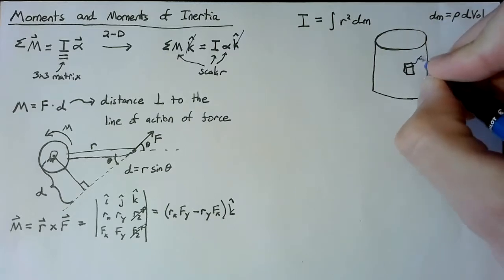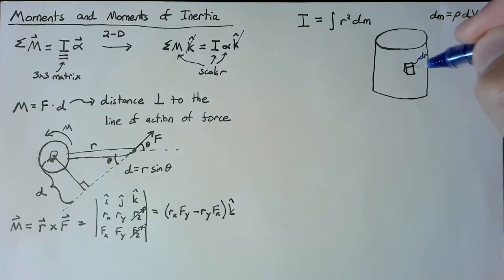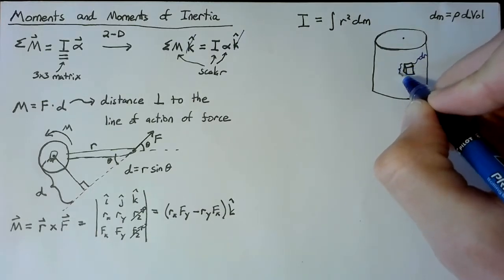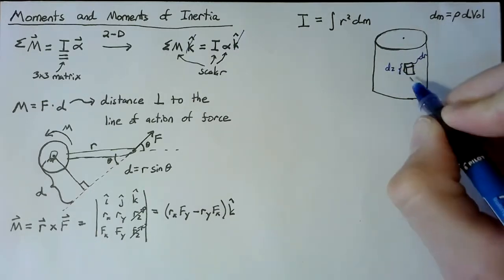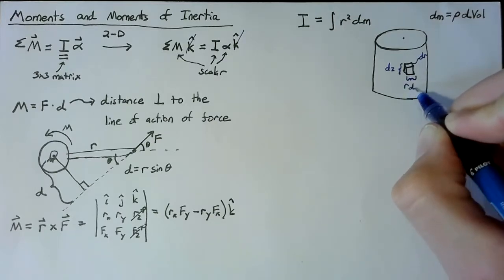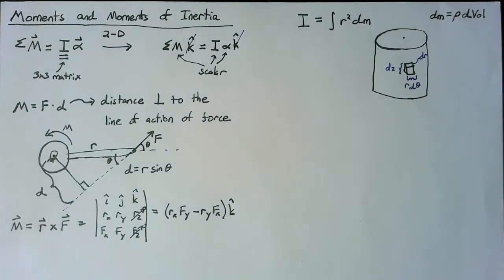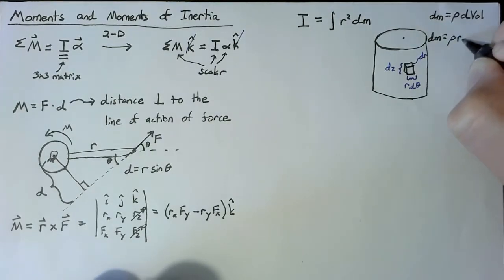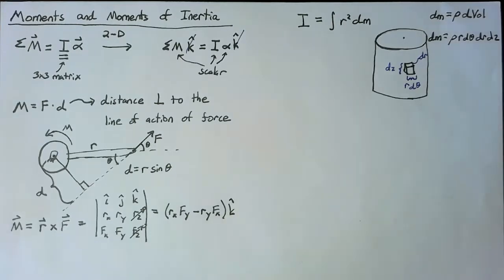This length here would be the length in radius from the center point. The height of this thing would be a dz, and then the width that we see here is the radius multiplied by d theta. So our d vol can be split up into r d theta multiplied by dr dz. So dm is going to be equal to rho multiplied by all that.